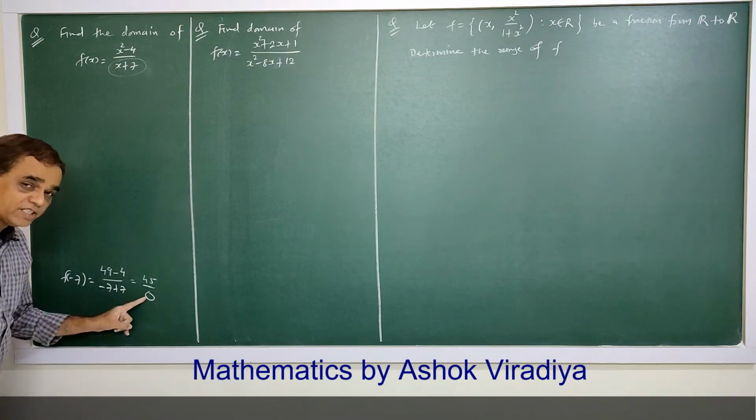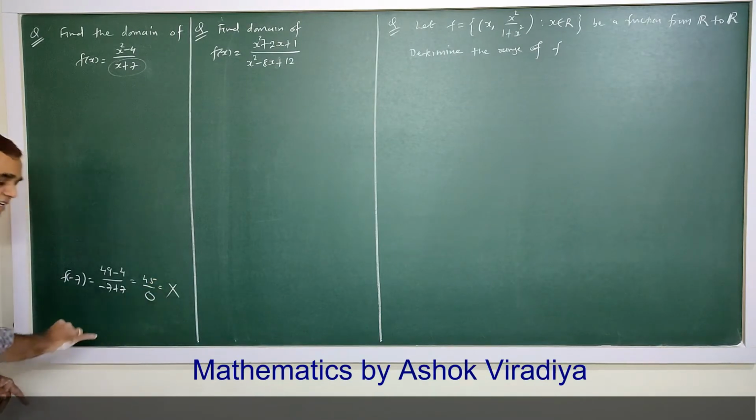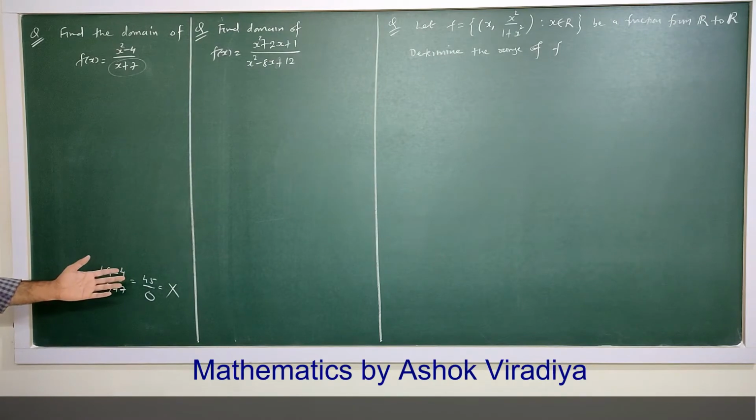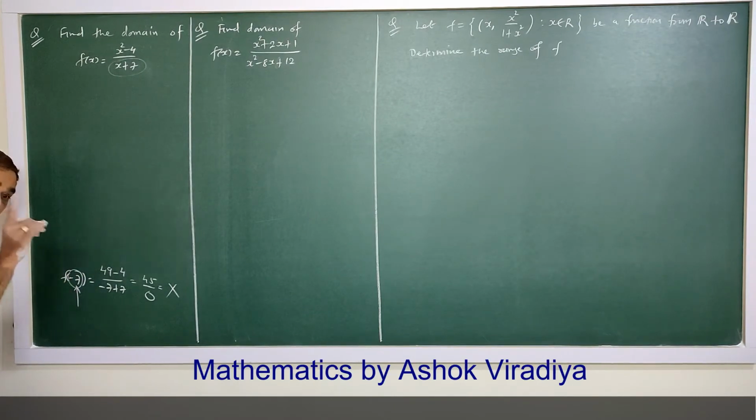Whenever you get 0 in the denominator, then the value is not defined. The machine is not giving anything. And if the machine is not giving anything, then there is no question of putting this number minus 7. This is not allowed. The problem is due to minus 7.